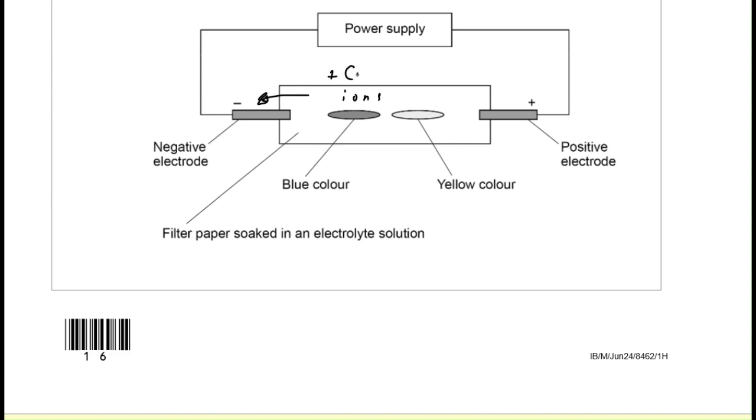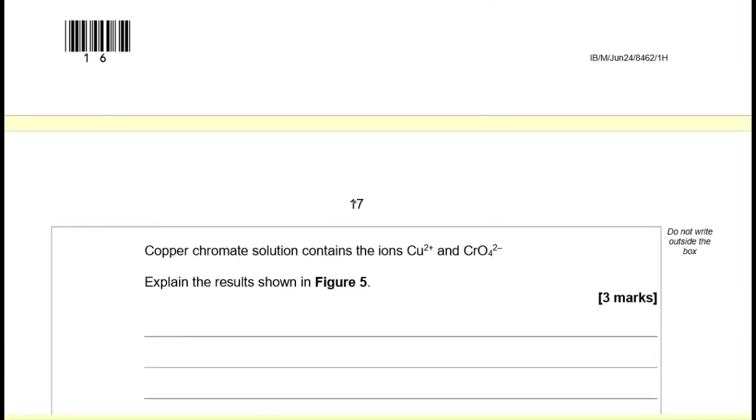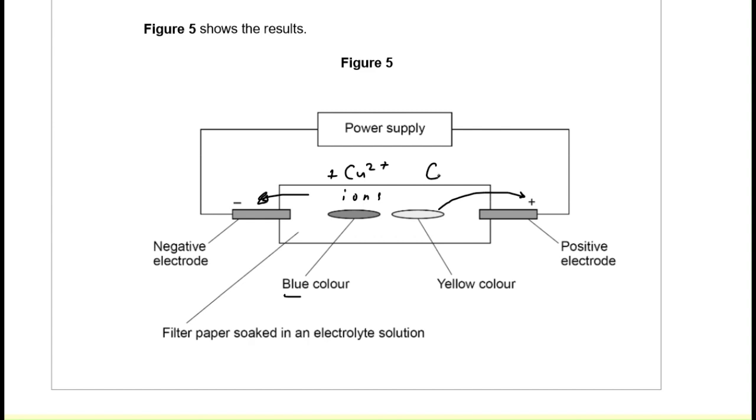And you may have known that Cu2+ ions are in fact blue, hence the blue of copper sulfate solution. So by deduction, the yellow colour moving to the right towards the positive must be a negative ion. And in the question it says CrO4 2-. And indeed, chromate ions are in fact yellow. So the yellow colour is a result of the chromate ions.